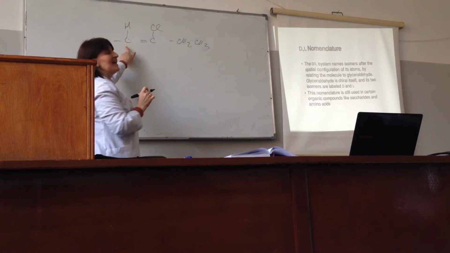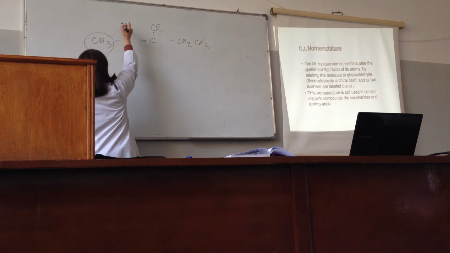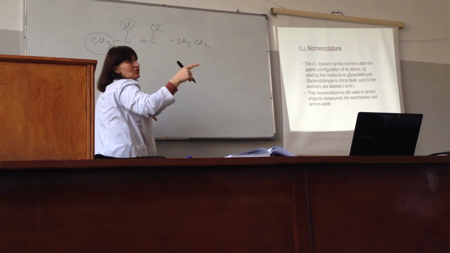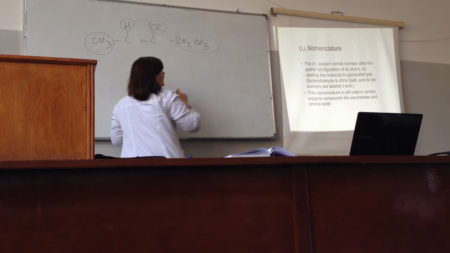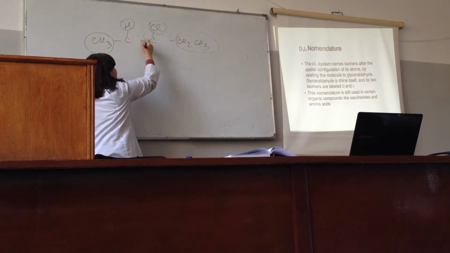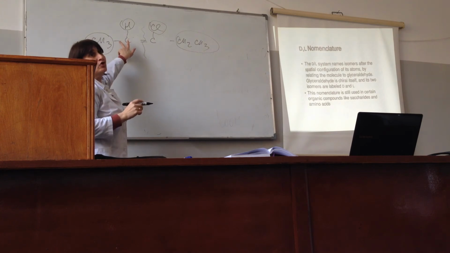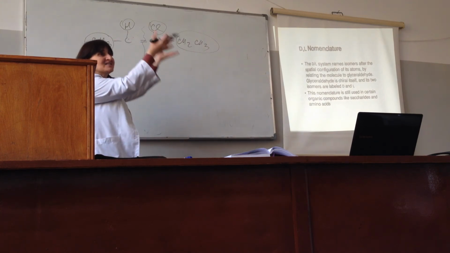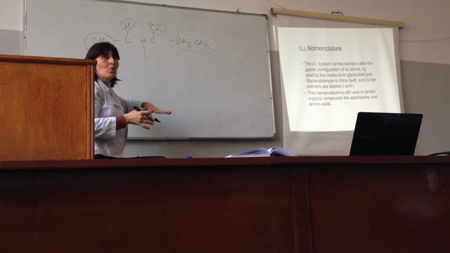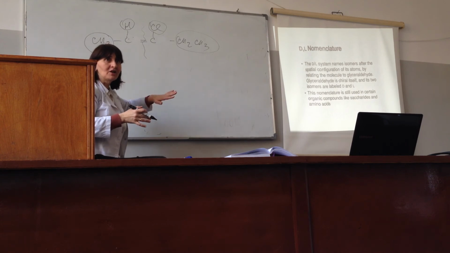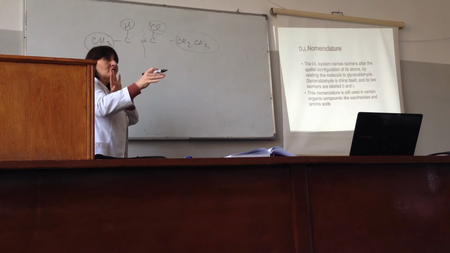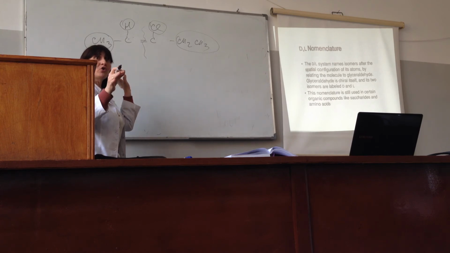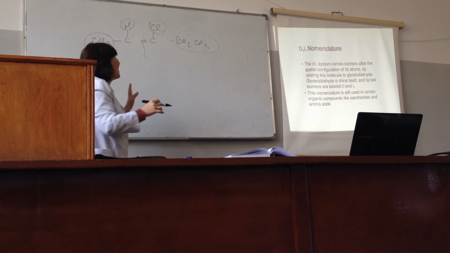This carbon has CH3 and H as substituents, and this carbon has Cl and CH2CH3. Now, if the groups with the highest priority are on one side of your double bond plane, you have the Z isomer. If on opposite sides, you have the E stereoisomer.